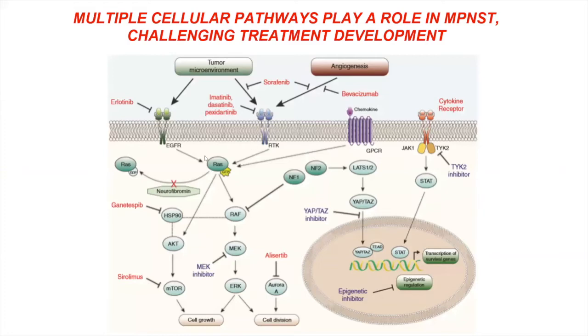I apologize for this overcrowded slide here, but this is representative of what a malignant peripheral nerve sheath tumor looks like, because there are several signaling or cellular pathways that play a role in the growth of these tumors. And therefore, it has been very difficult to develop a single drug that would effectively treat these tumors.